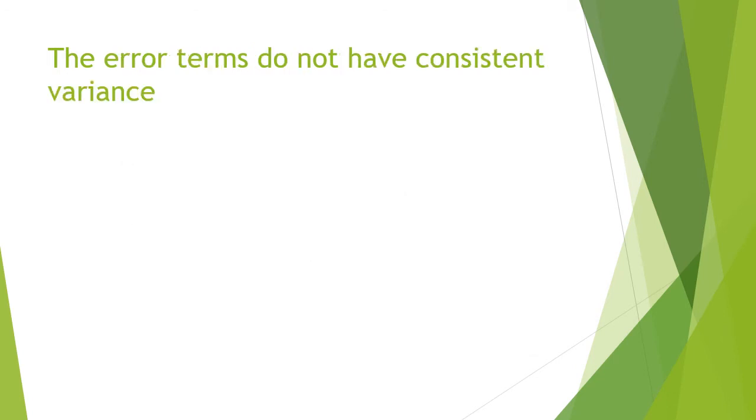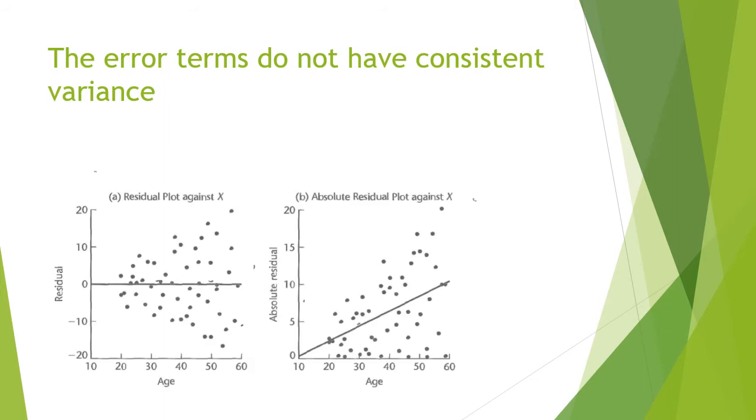Next, how can we use residuals to tell that the error terms do not have consistent variance? Variance is the distance between the expected value and the residuals.